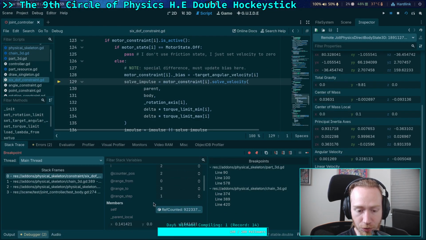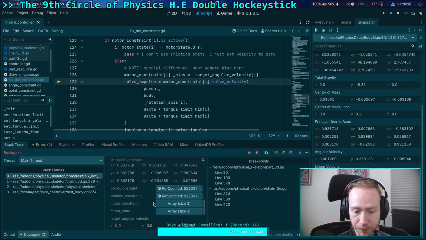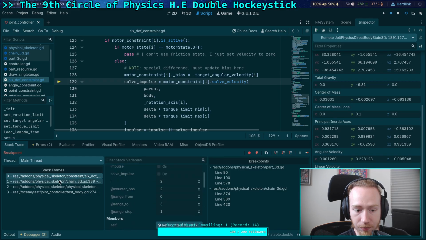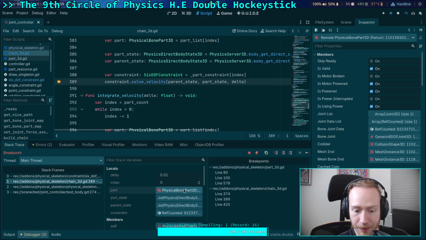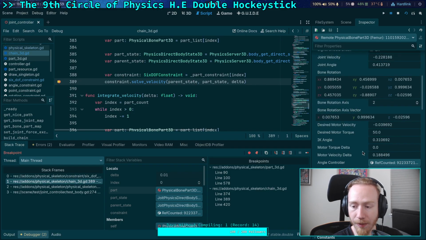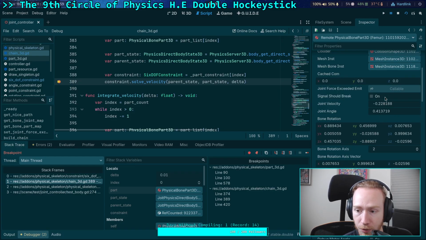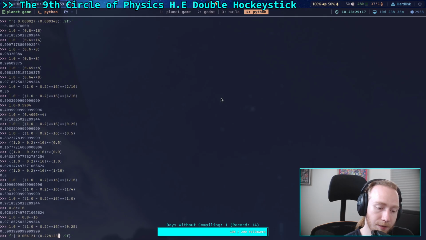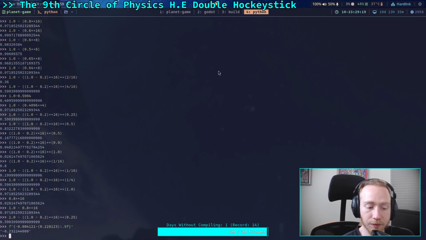Actually, I should really probably just be looking at the actual part. Part thinks our joint velocity is negative 2, 2, 8, 1, 8, 8. Is that roughly right? Yeah, sure, close enough.